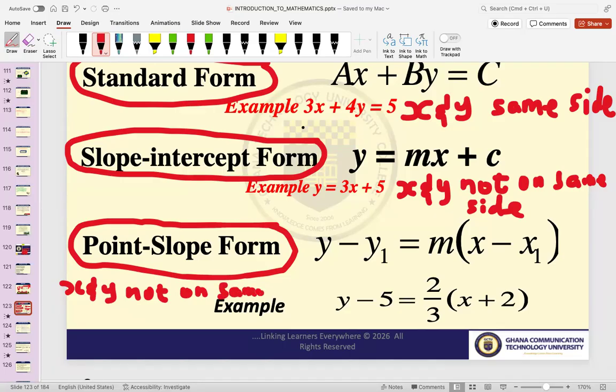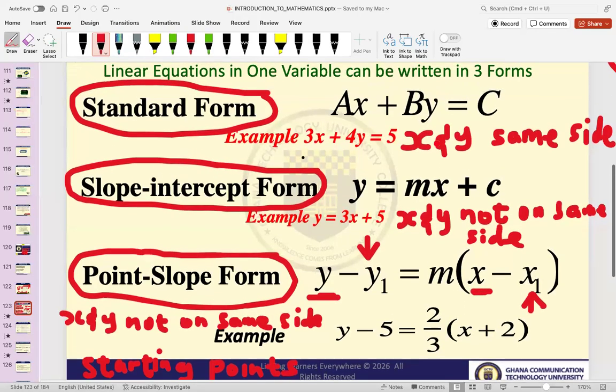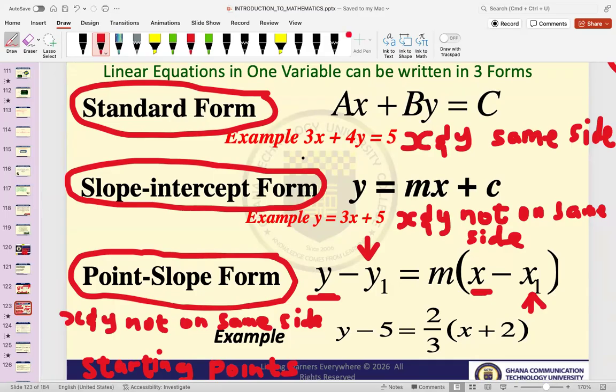That's the first thing you see. And secondly, they have their starting point with them. The starting points are what we pointed out: y1 is the starting point for y, and x1 is the starting point for x. And these are the three forms of equation you can always see when you are looking for simple linear equations.